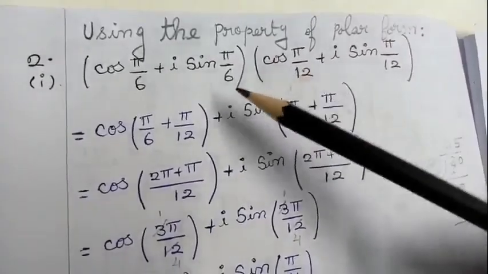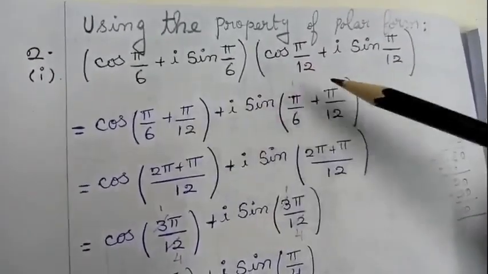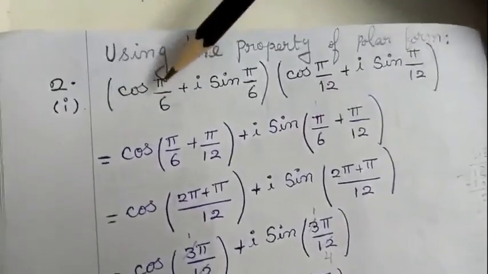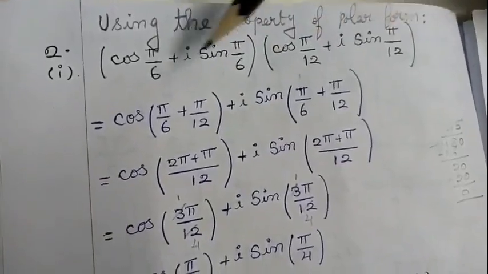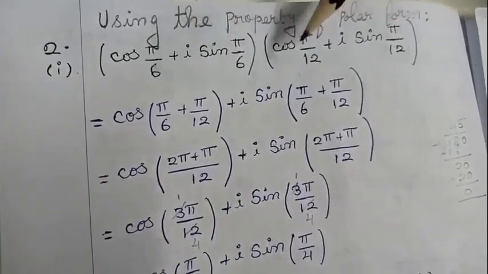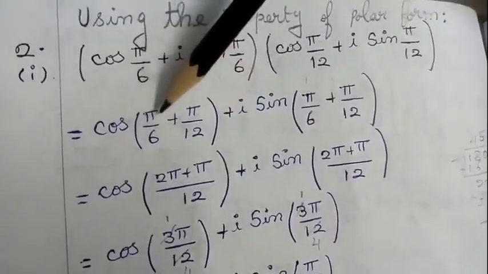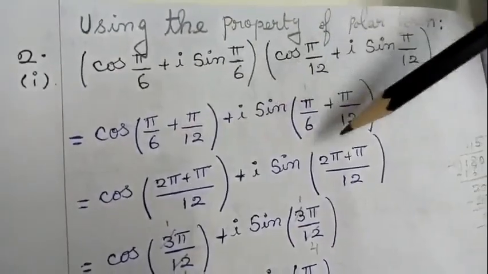If you have the form of product, I can add the angles. That is the condition given in the polar property. Real part plus imaginary part, into real part plus imaginary part. In the real part I am going to add the angle, and in the imaginary part I am going to add the angle. So in the real part I am taking the angle pi by 6 plus pi by 12, plus i sin of pi by 6 plus pi by 12.